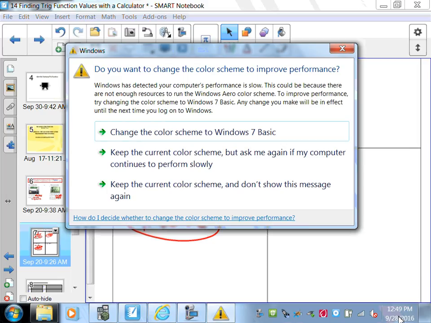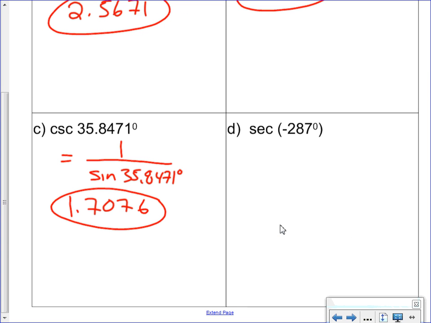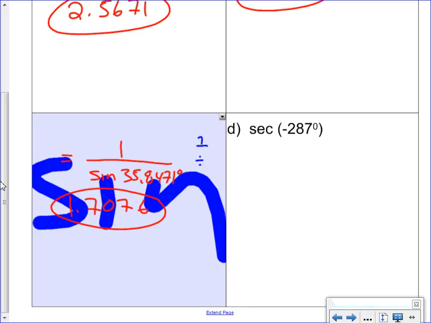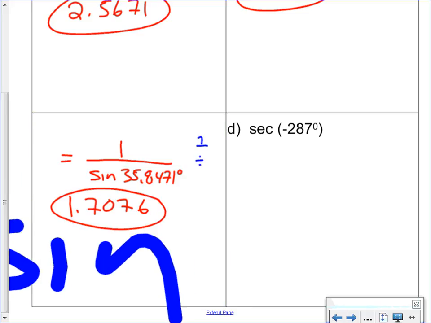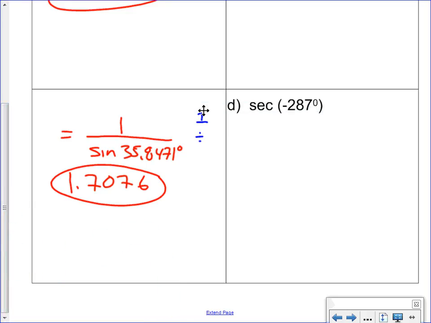Let's write those steps down. So the steps on the calculator: you hit 1, then divided by, then you put the value, then hit sine, but don't forget to hit equals.